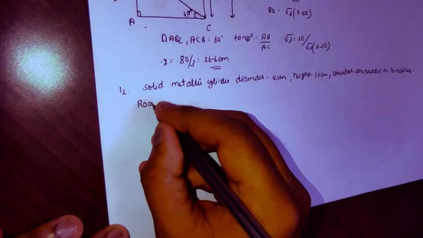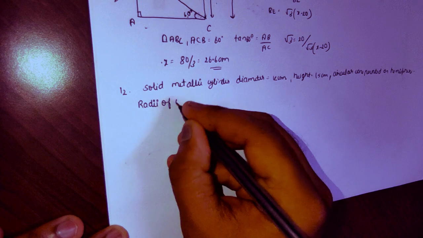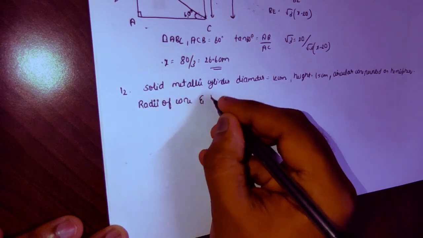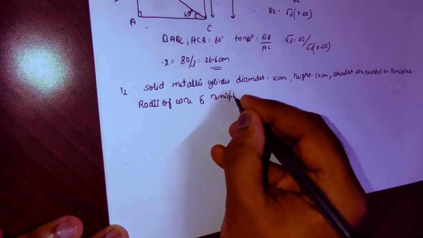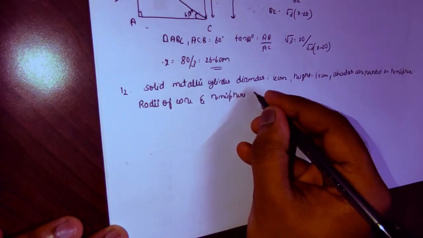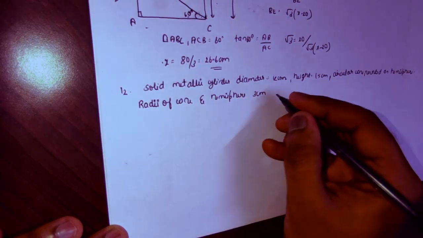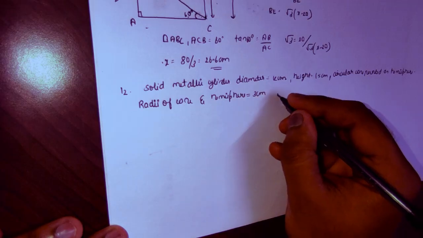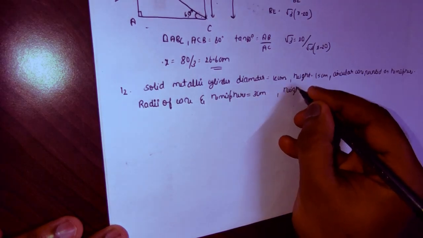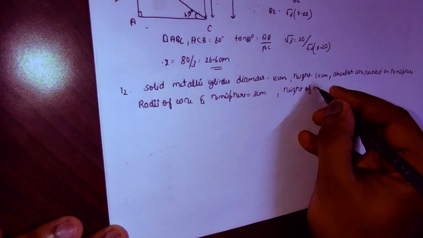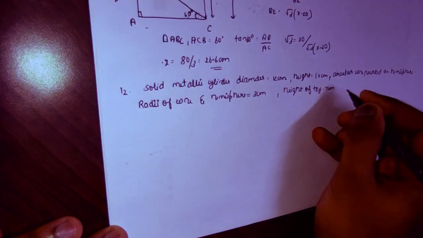Radii of the cone and hemisphere are given, that is 3 centimeter. Both are equal. Then height of the toy is given 7 centimeter.